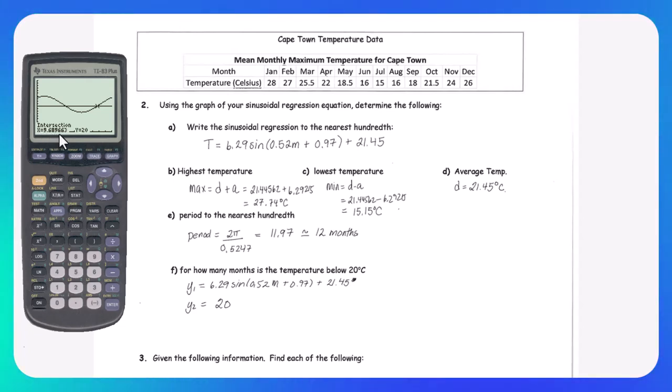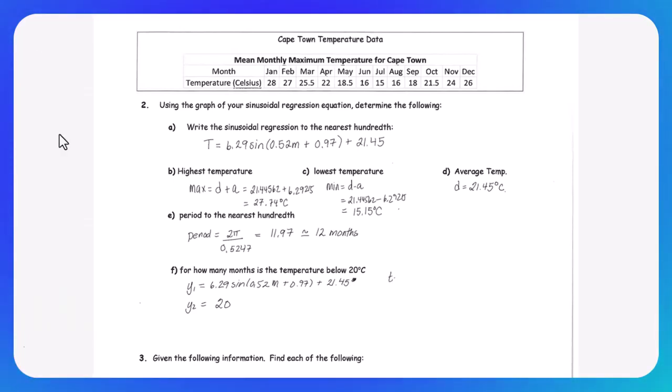So now we have those two values. So let's go ahead, write those down. Our T2 minus T1 is going to tell us how many months. And our T2 we determined to be 9.68966 and change. Holding on to a bunch of decimal places so we don't get rounding errors.